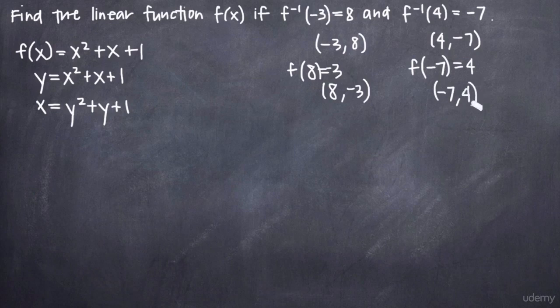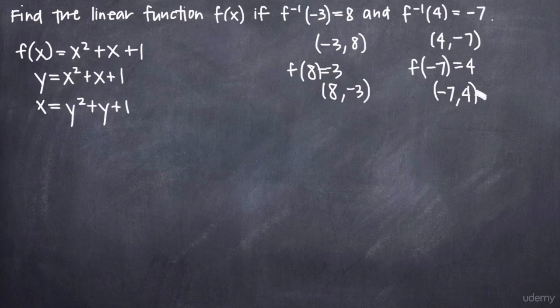So essentially, the original points that we were given were points on the inverse function, and we had the x and y coordinates. To find the corresponding points on the original function, we just flip-flop the x and y values, and we have these new coordinate points that are on the original function.